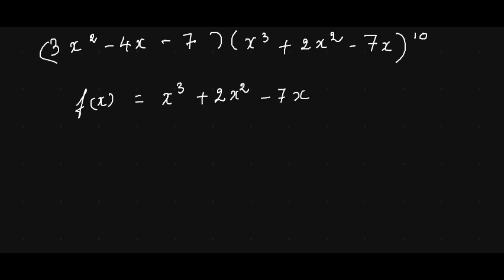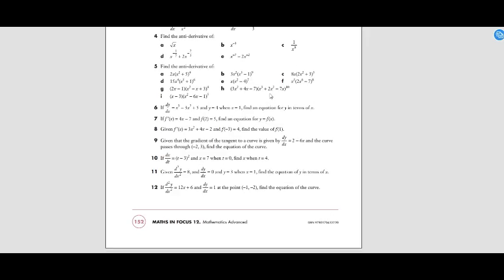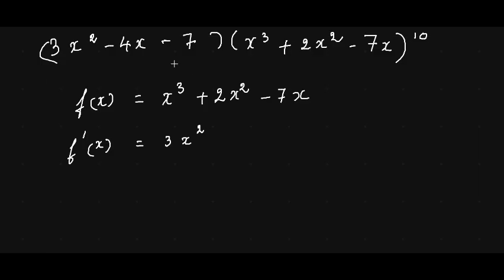Now, if you find the derivative of that, what is that? 3x squared, right? The derivative of x to the power of n is nx to the power of n minus 1, so it's 3x squared. And then let me make sure I'm doing this right. That was a plus.